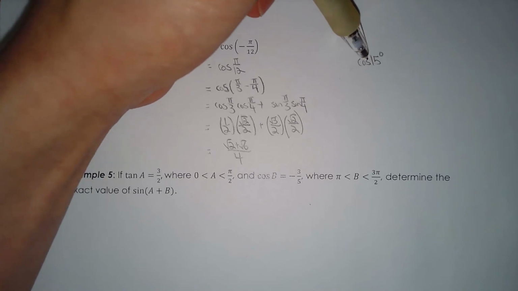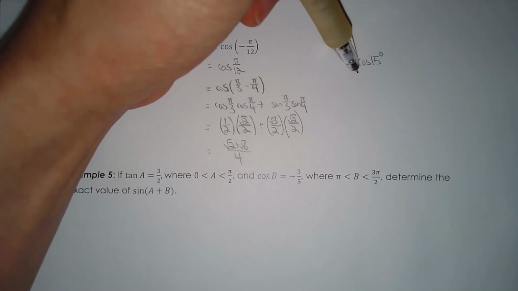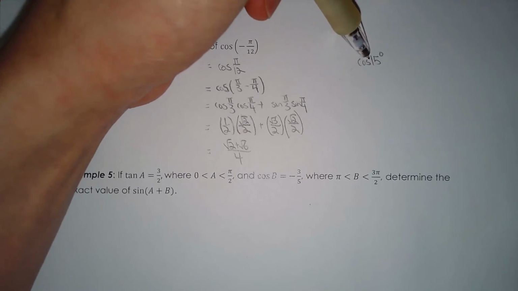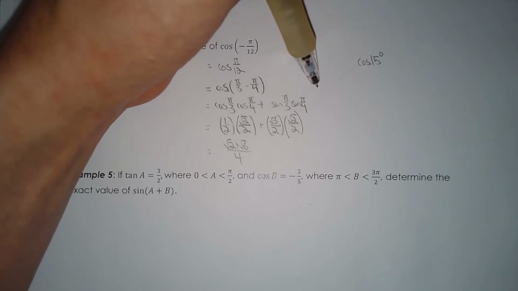It allows us to find exact values of cosine 15 degrees, or sine of 15 degrees. You would never have imagined that prior to this lesson. If I gave you cosine of 15 degrees in grade 11, you'd be like, that's impossible. I can't possibly find the exact value of cosine 15 degrees.